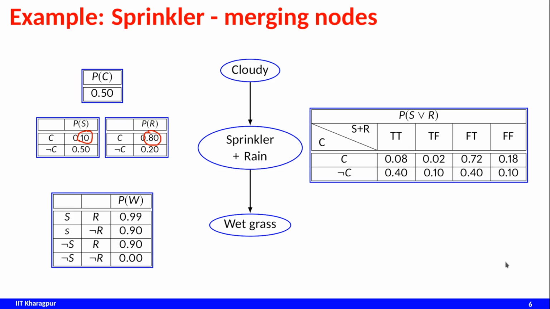So effectively I will get 0.08, because these two are conditionally independent. We are trying to find S and R given C, and since S and R are independent given C, it will be P of S given C times P of R given C, and we can compute that value.